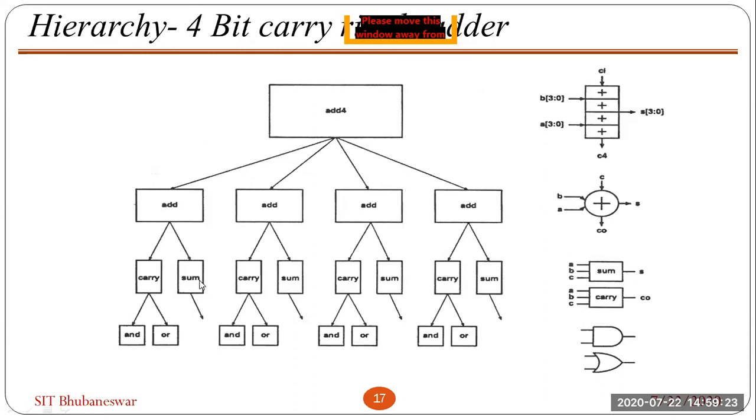Similarly, once one sum is done, another 4 you can get. One sum and carry gives one full adder circuit. For the other 3, you just copy and paste. In this way, within less time and less work, you can complete a 4-bit adder. This is the hierarchical method.